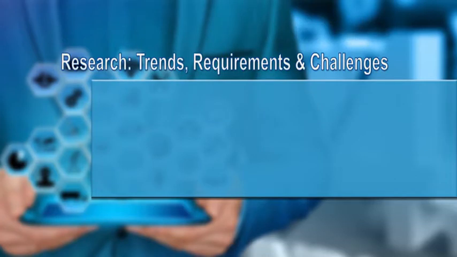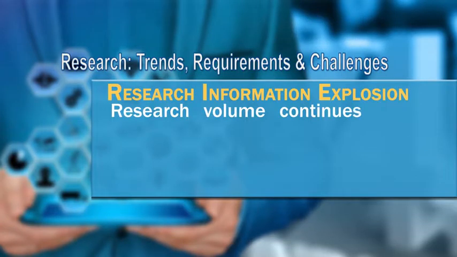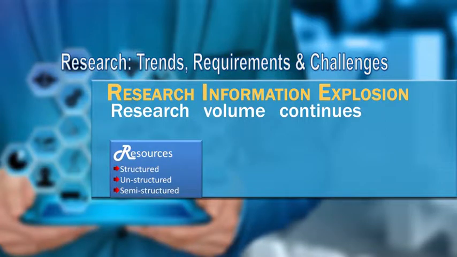Now, in this research information explosion, the research volume continues to increase, and you, as the users and providers of the information, are the center of this information explosion. Now, what kind of resources do we see? We see structured, unstructured, semi-structured resources.